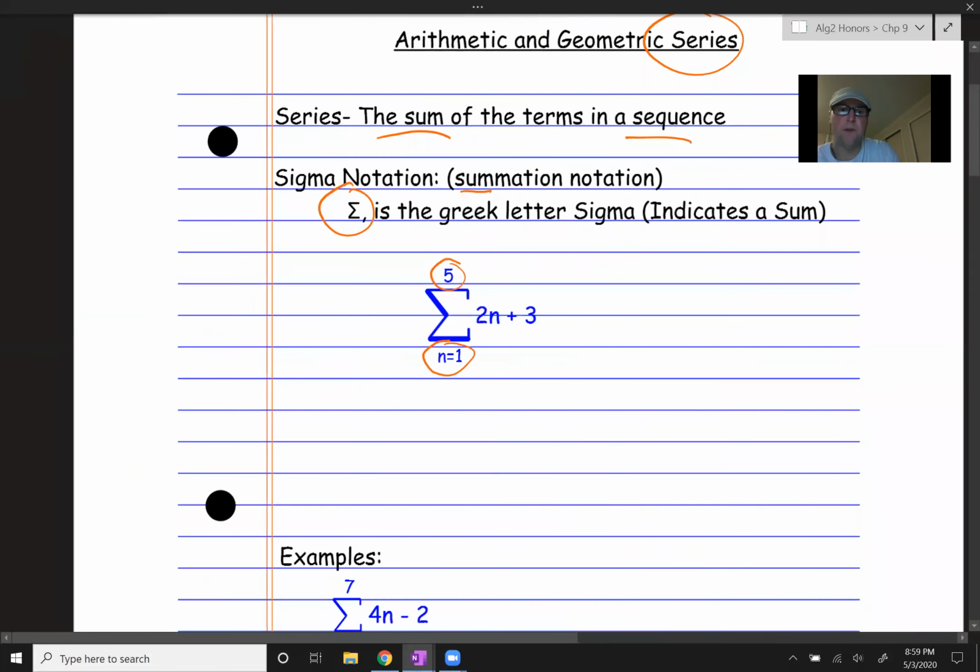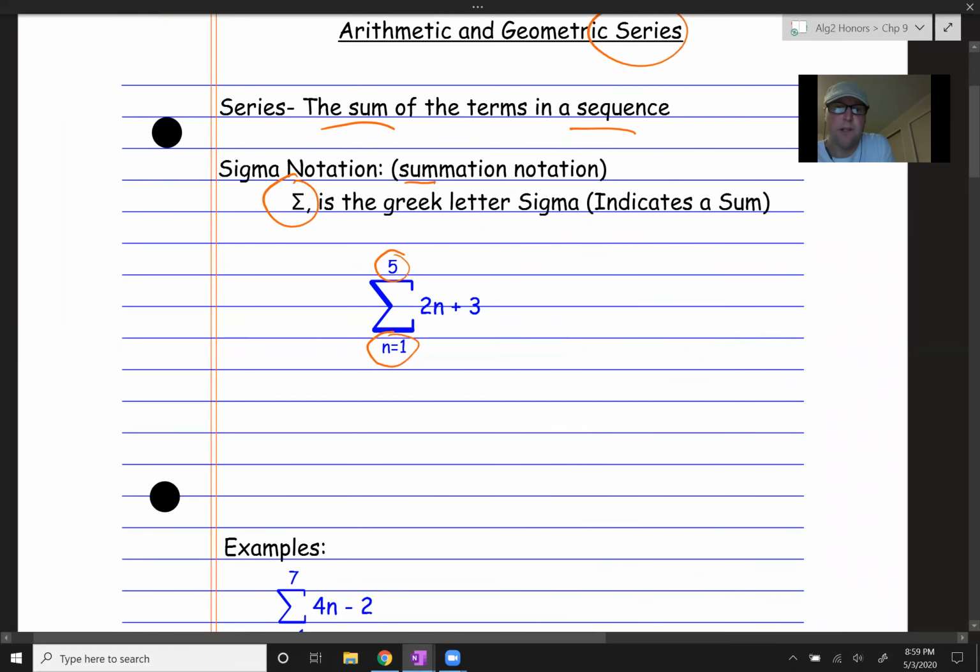Well, before we give you a formula, the old school way is to plug in 1, plug in 2, plug in 3, plug in 4, and plug in 5 to find out these terms, and then we could add them up.